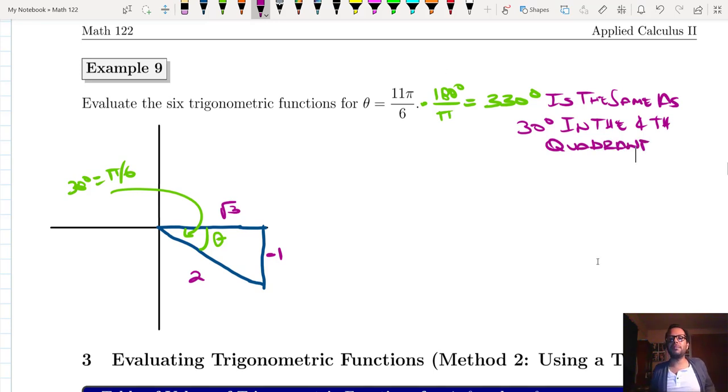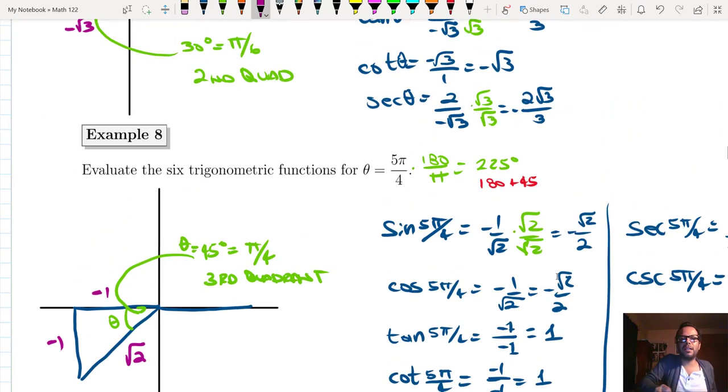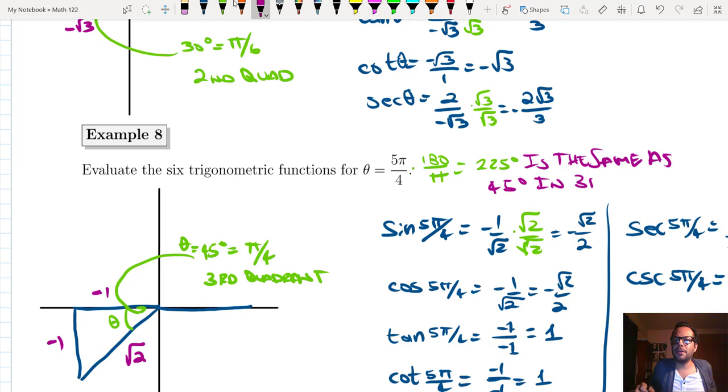Just the same way, let me go back to this again, 225 is the same as saying 45 degrees in the 3rd quadrant.